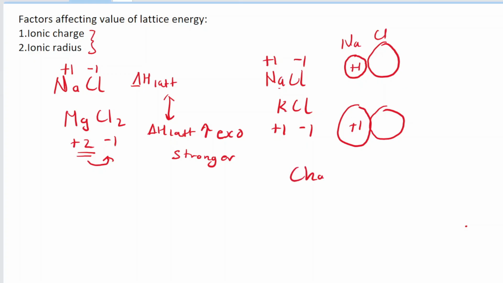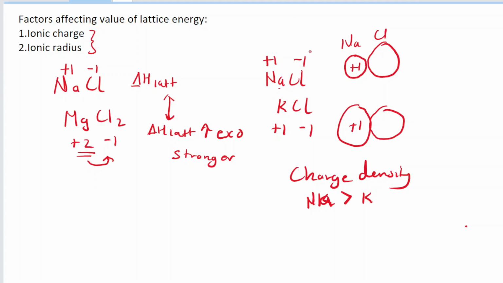So the charge density for sodium is more than that of potassium. Why is it more? Because the density is how concentrated the charge is. Here, the charge is concentrated in a smaller area, so the charge density is more than this one. If you have a bigger charge density, then the bond is more exothermic.